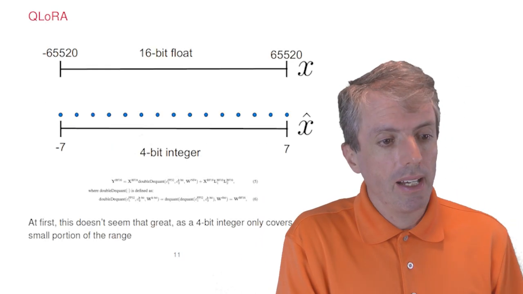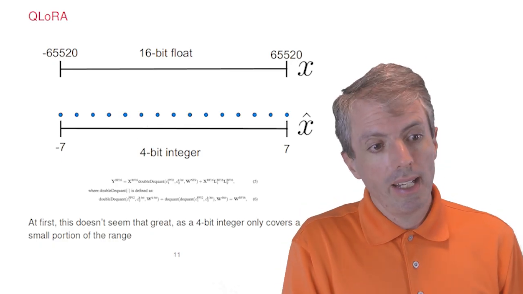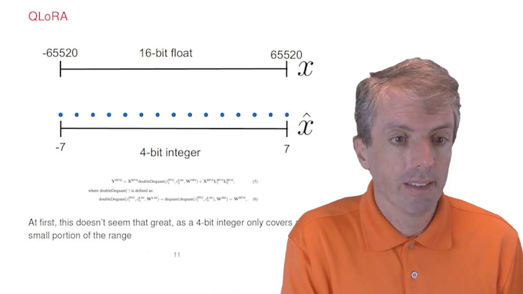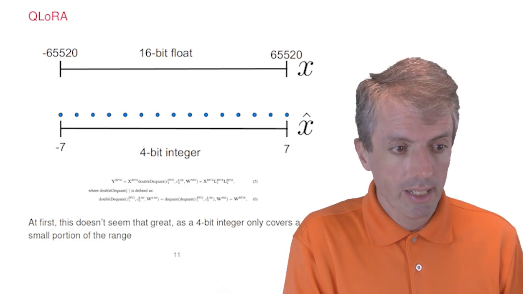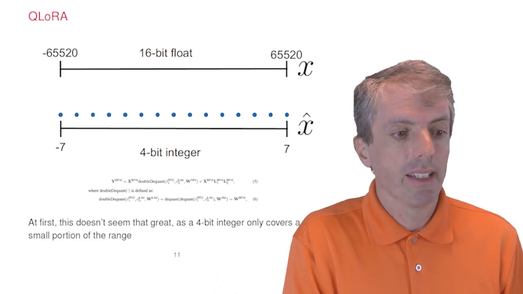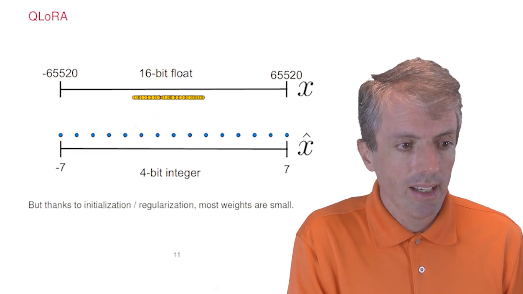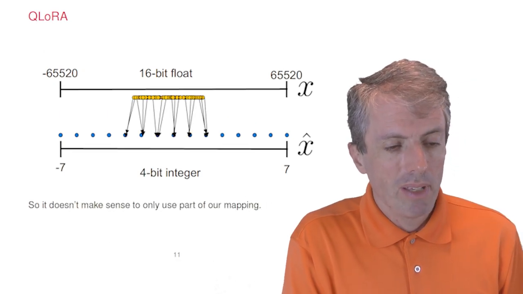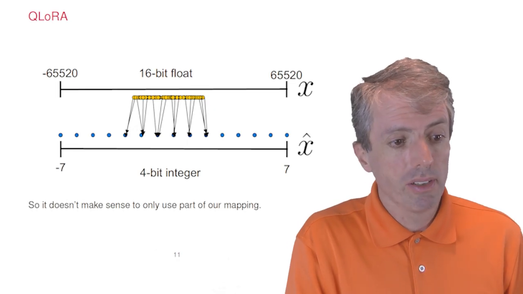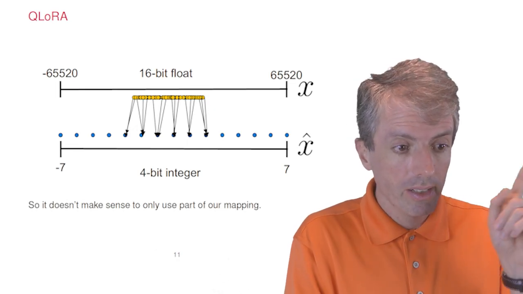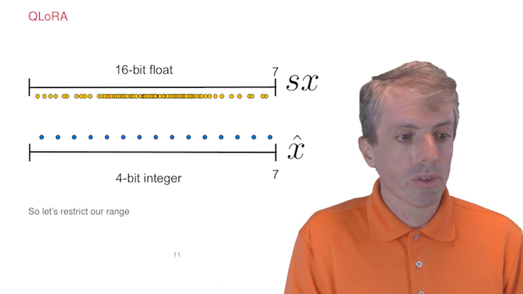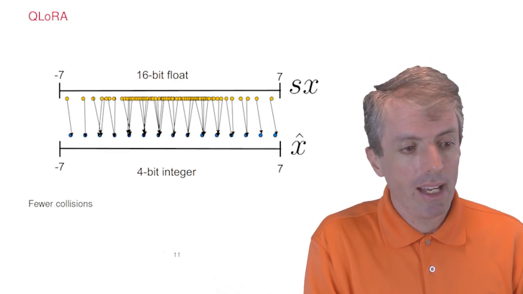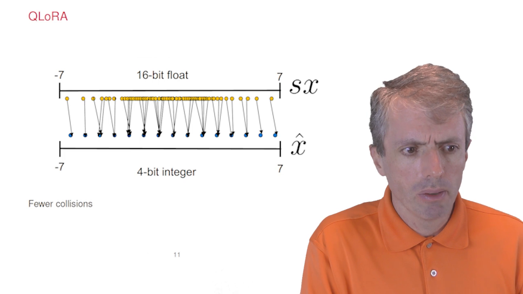This works because, like for quantizing a model, you don't need to represent the full range of the floating point that's possible on a standard computer. Most weights are in a relatively narrow range, and we shouldn't use the full range of floats for our integers. We should restrict the range and map that to our integers. So nothing new here.